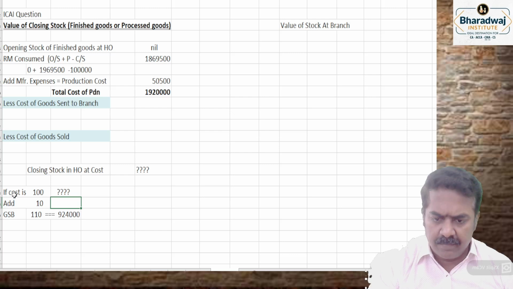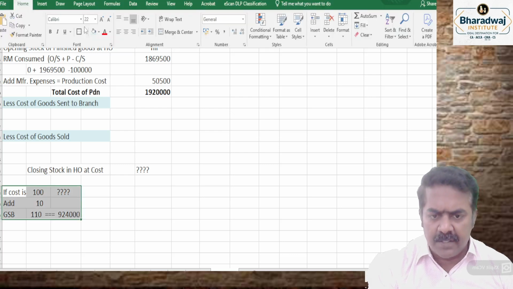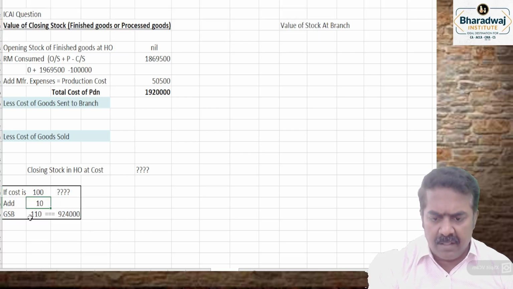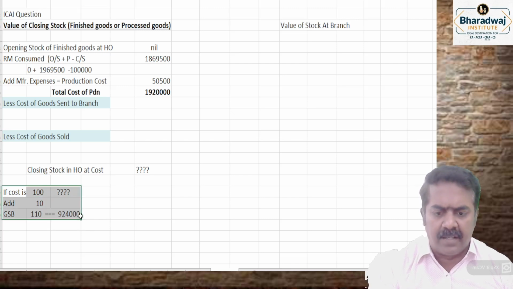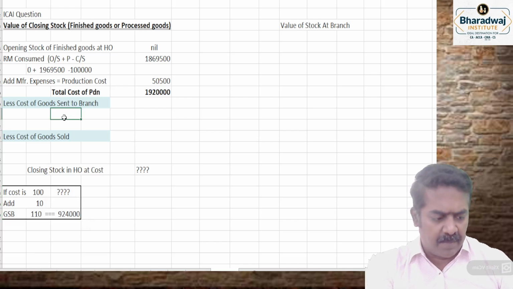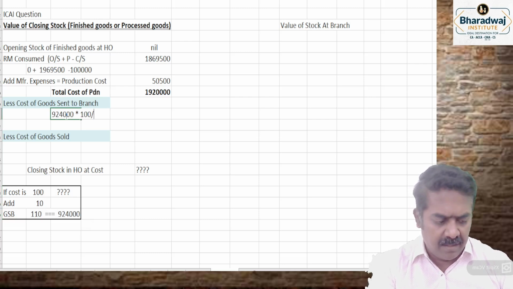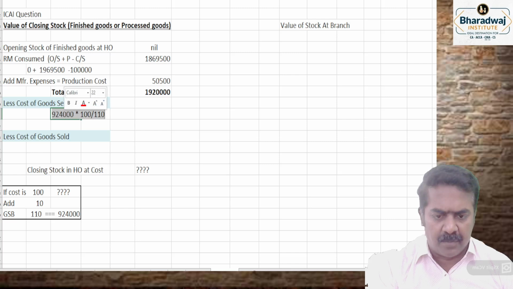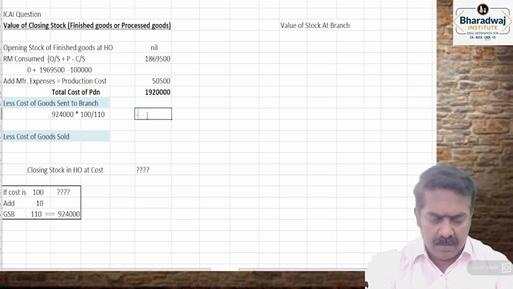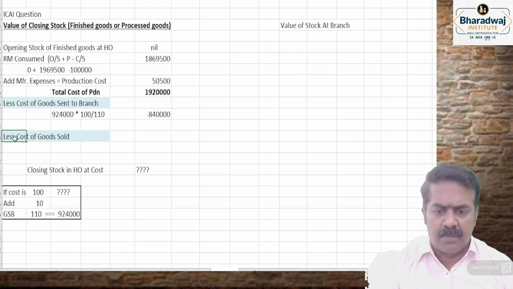Any doubt in it? If cost is 100 rupees, we had a profit margin of 10. Goods are sent to the branch at 110. So what is the cost of goods sent to the branch? 9,24,000 into 100 by 110. We want cost, not profit. This is the cost of goods sent to the branch.